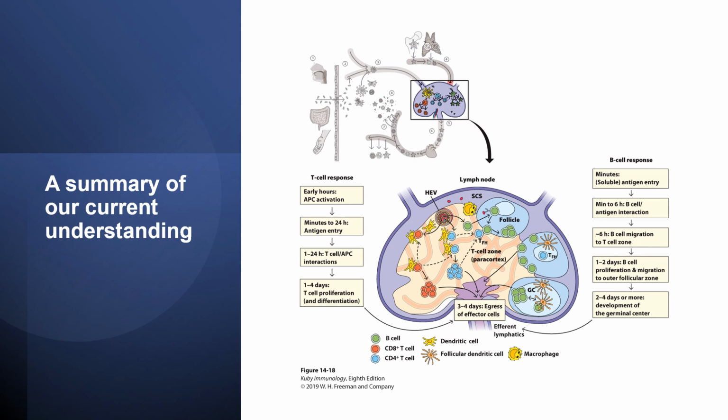The proliferation occurs usually between about day 1 and day 4 after initial antigen encounter. So this is an early response, but it still takes 4 to 5 days. We're still talking up to 9 days after antigen encounter before these cells are really ready to migrate out into the peripheral tissues and attack the actual pathogen.